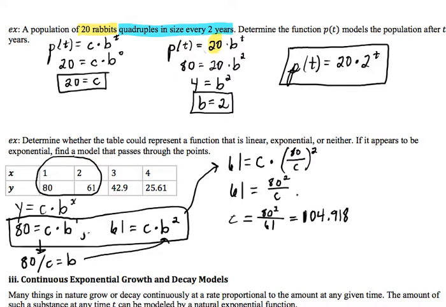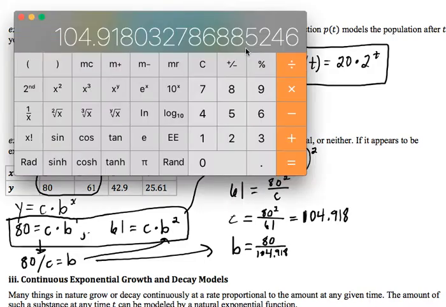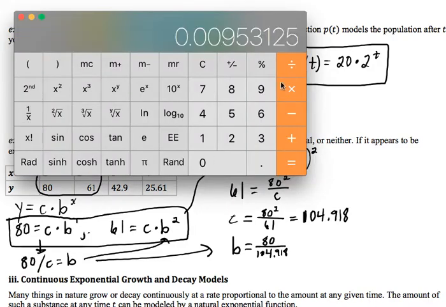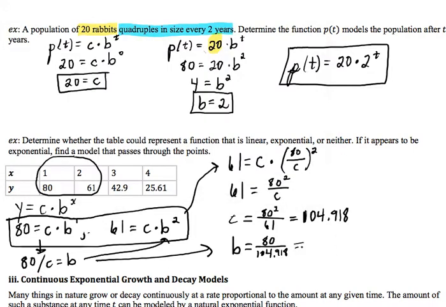Okay, now let's solve for b. So then b would equal 80 divided by c, so 80 over that number. So let's put it in the denominator, multiply times 80, and we get 0.7625. Okay. Which you may remember is the same number we got when we did 61 divided by 80. It's the same reducing rate.